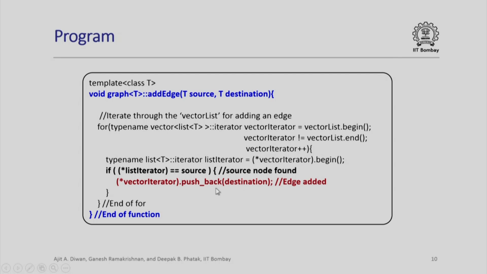Please note that this pushback will automatically insert the destination node subsequent to the original source or any previous edge that you have. That is the property of the STL function that we use. So, the simple pushback does multiple things, and in this case, we would have added the edge prescribed to us through the parameters T source to T destination.